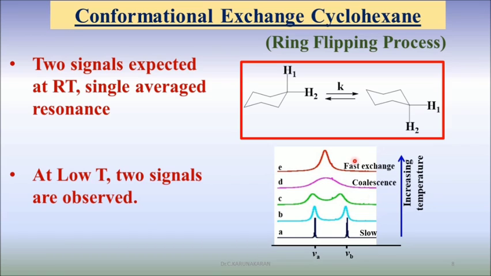At high temperature, a single average resonance is observed due to the fast exchange ring flipping process. The interconversion of axial to equatorial, equatorial to axial due to ring flipping is so fast, but on decreasing the temperature, the two signals are resolved now.